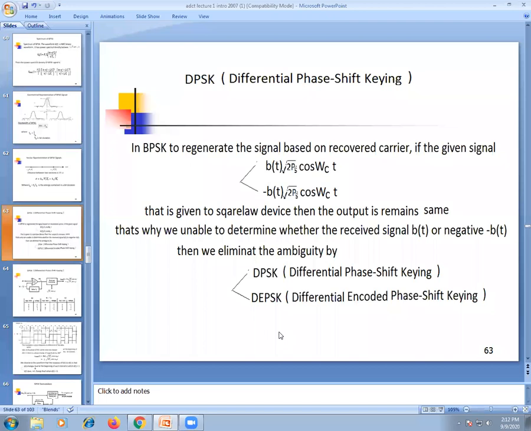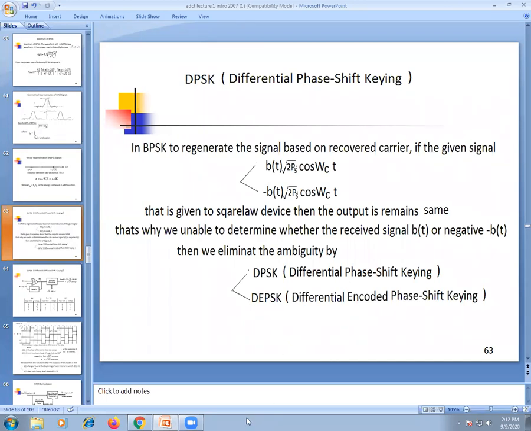What happens? The output should be a positive signal, because whether the input is negative or positive, the squaring makes it positive.